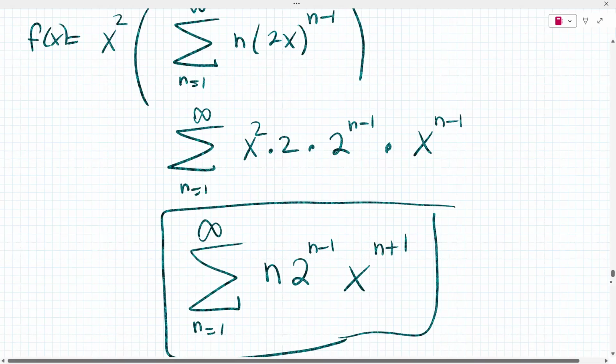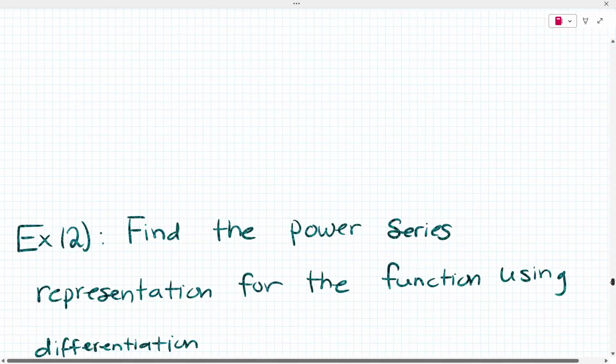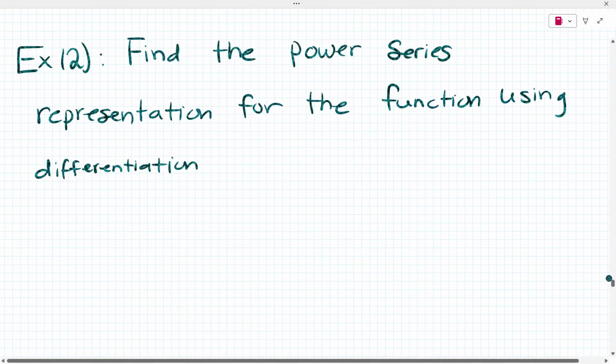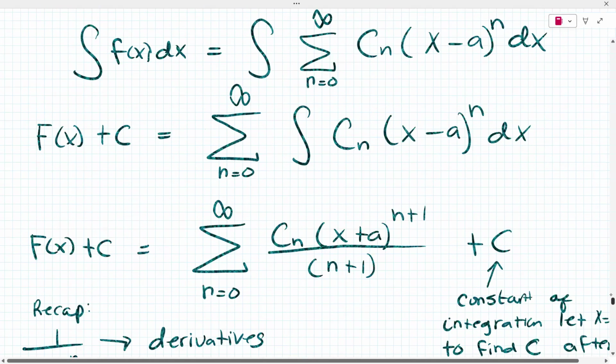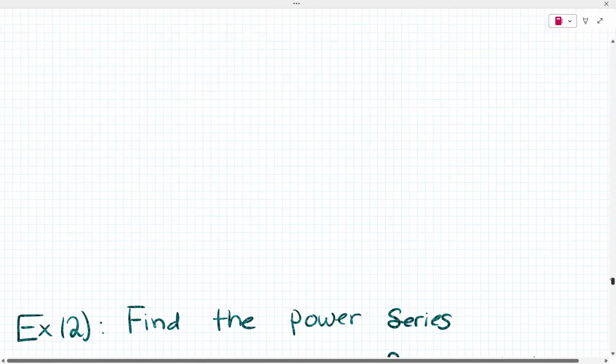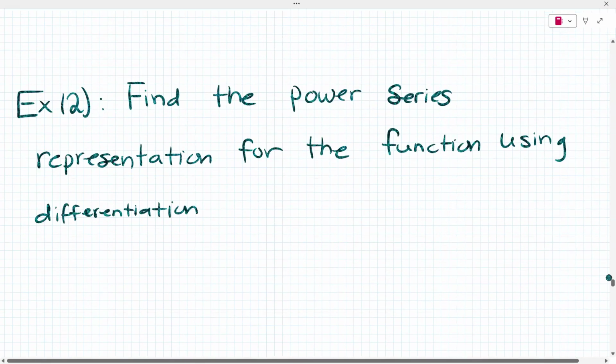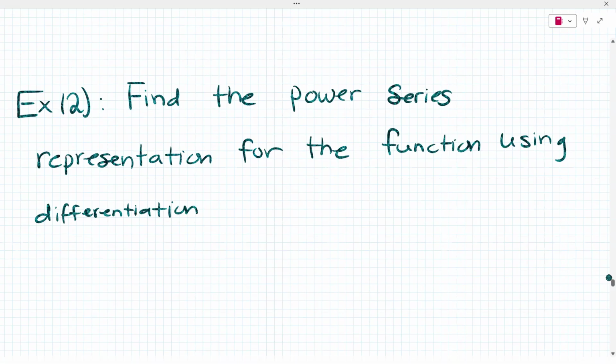Let's move on to example 12. So example 12 says, find the power series representation for the function using differentiation. I didn't write the question. The question is f of x equals 1 over (1 plus x) to the third.